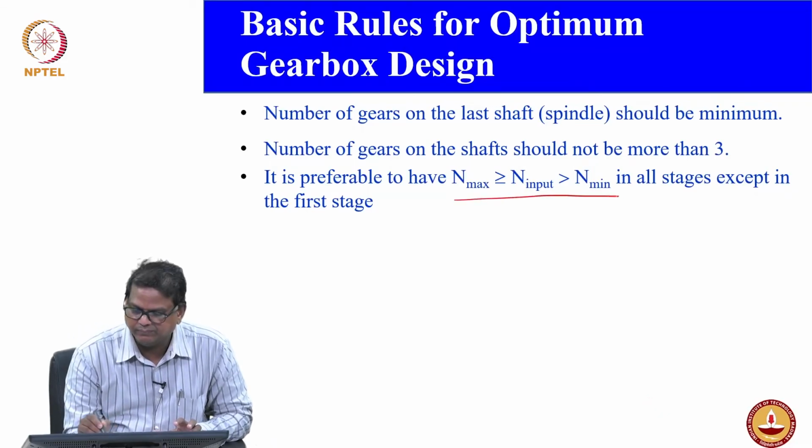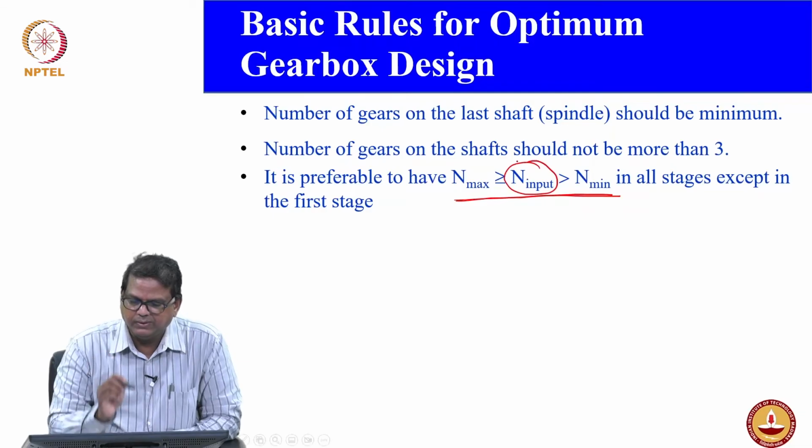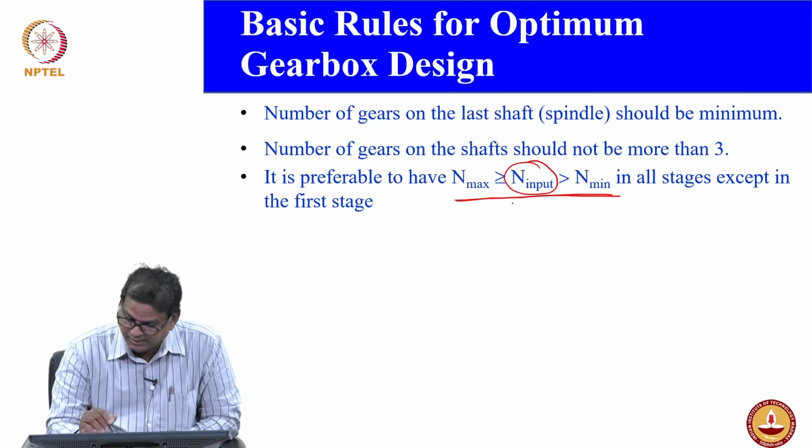In this order, your N max and N input are always the ones we are going to play around. Input speed should be lesser than the maximum speed, and at the same time maximum speed should be greater than minimum speed. I will tell you why.